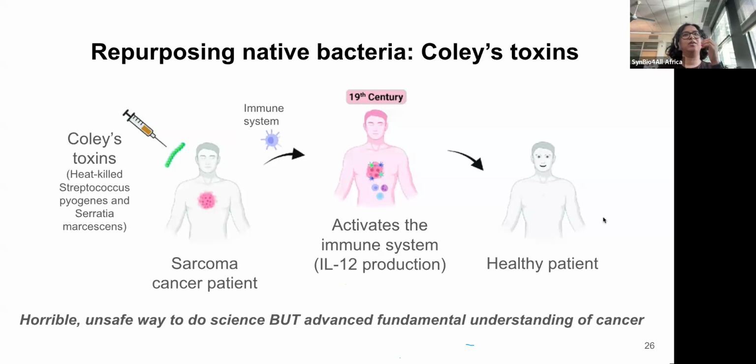And so what William Coley did is he took these toxins, or this bacteria, which was heat killed, from Streptococcus pyogenes and Serratia marcescens, and then delivered it to a sarcoma patient and found that it activates the immune system, and that patient actually survives and is a healthy patient. And later on, we figured out that this was related to IL-12 production.